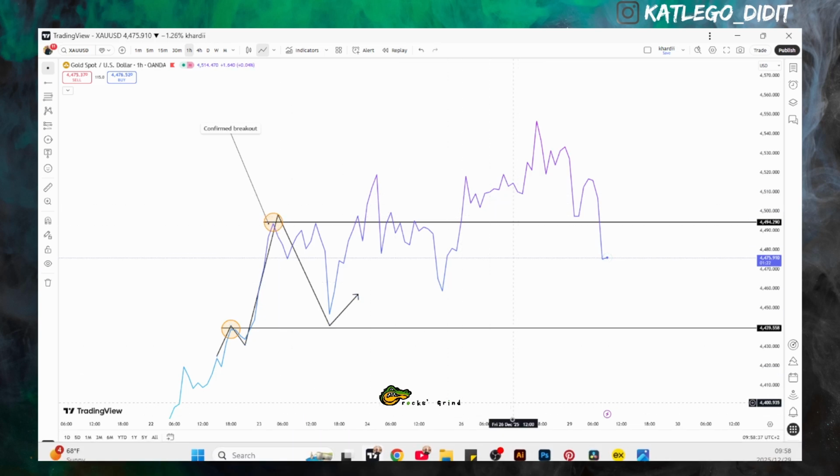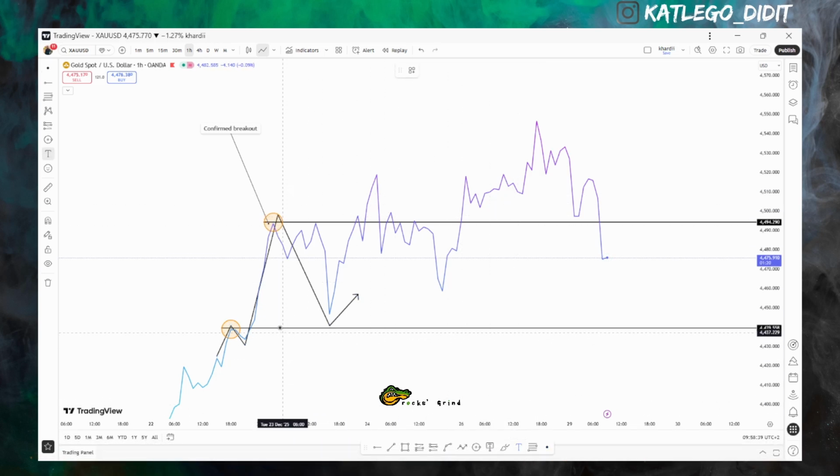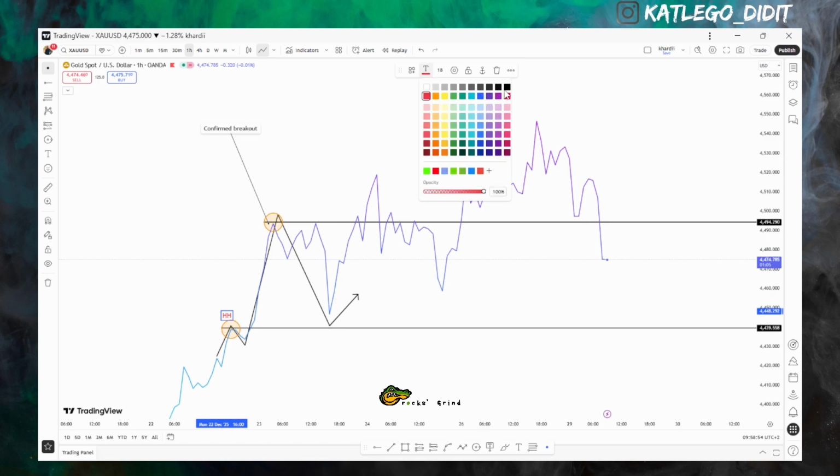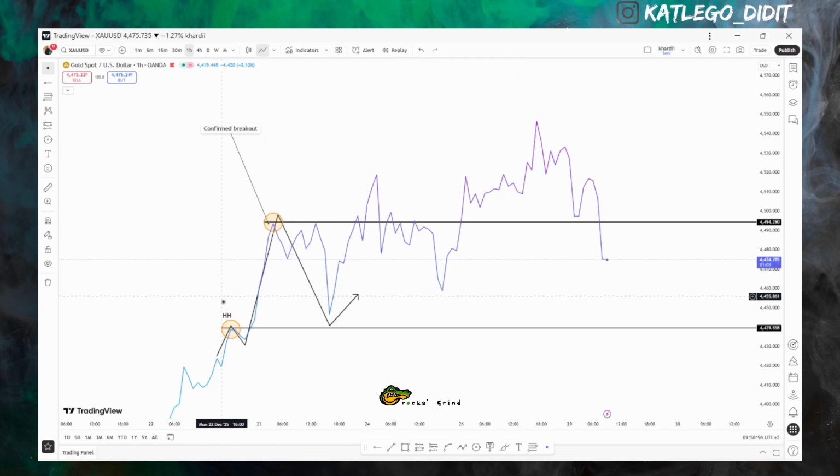We are waiting for the market to give us a high low for us to take a buy and continue, because this looks bullish. So now you're going to cater for this as a high, right? This is our high. Let me just put it like this, this is a high, right?